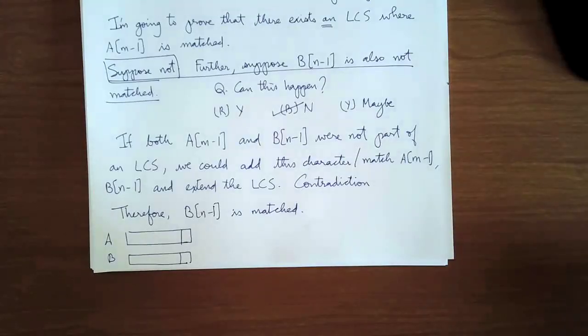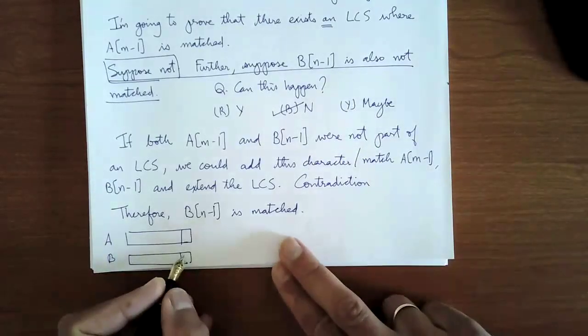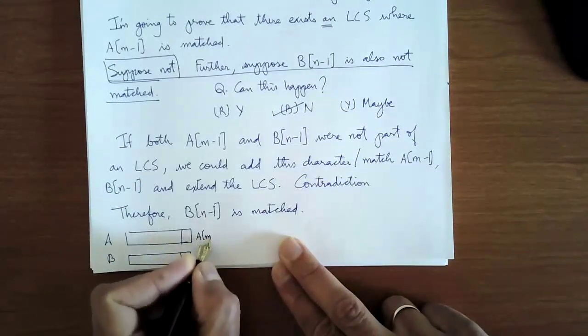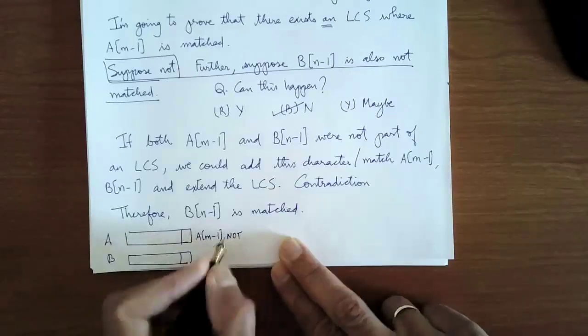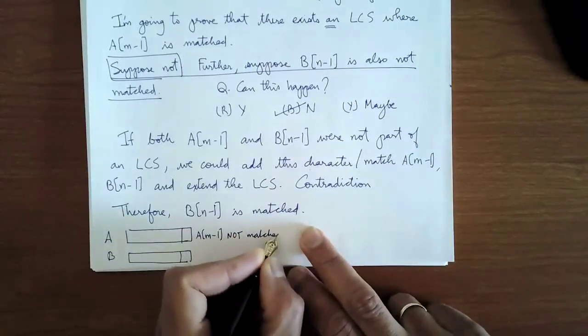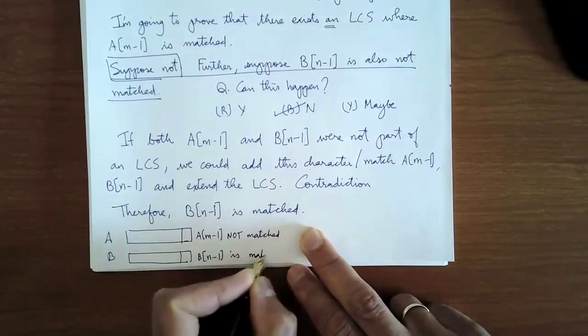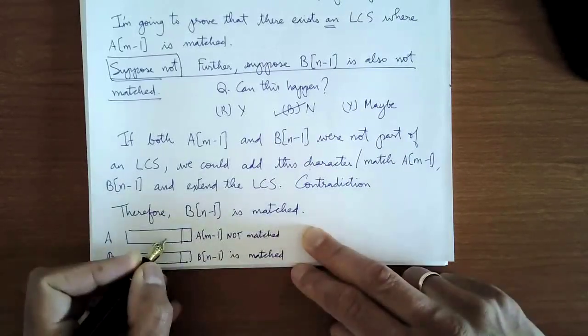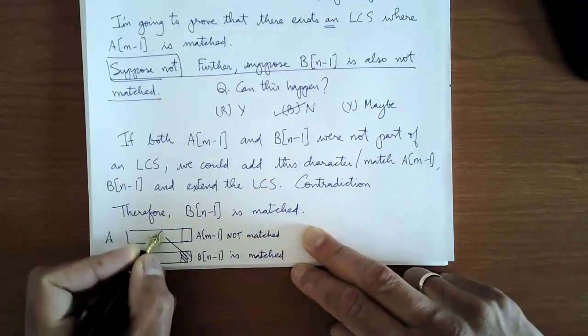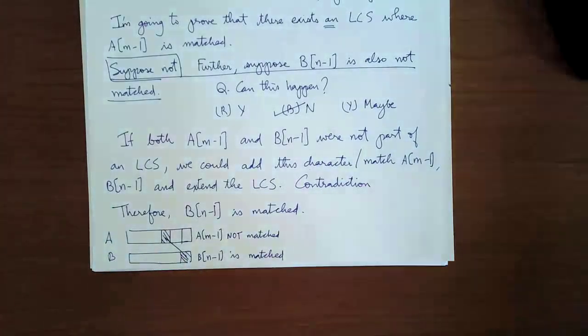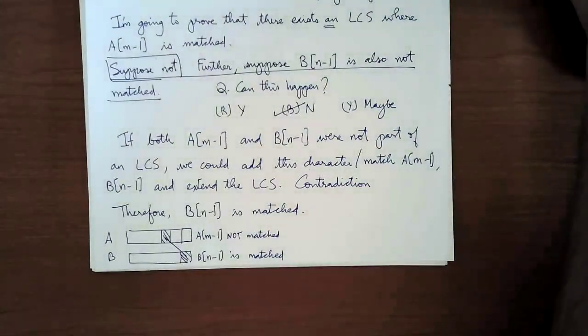This is A, this is B. We know that am-1 is not matched, but bn-1 is matched, probably to something over here.